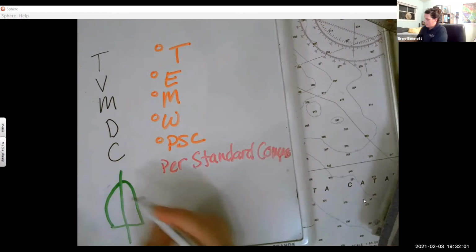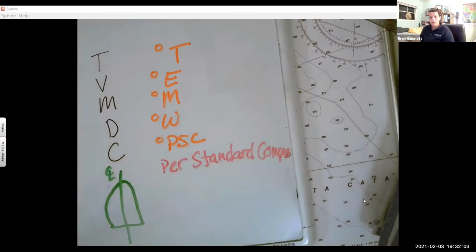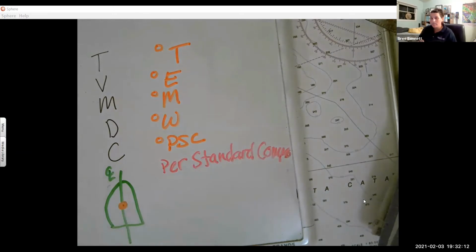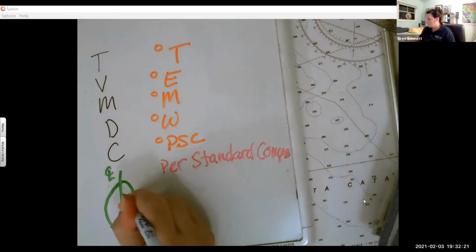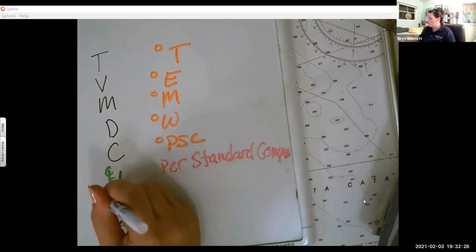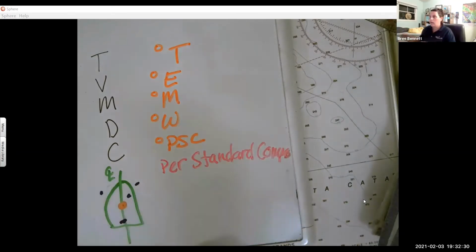Here's that center line, if you will, that's going down. So the standard compass is going to be center line. But most of the time, we're going to have repeater compasses, where we have a compass that's maybe at the steering station, or we have one on the stern. Maybe it is on the center line on the stern, or we have one on each little bridge wing, or wherever we have them off center, if you will.